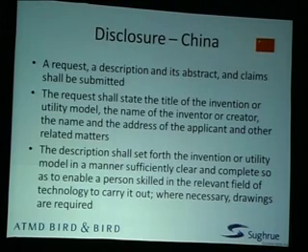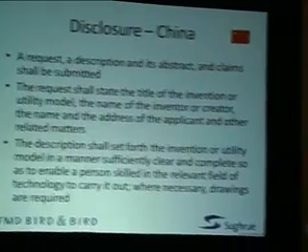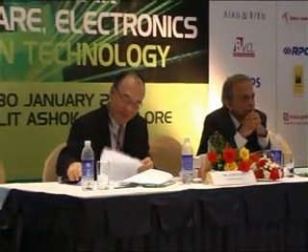But that's as far as the law goes, but in practice, the examiners don't really say when you should be disclosing it or how much of it you should disclose. So there are still ways in which patentees can get around their obligation for disclosure, at least in China.